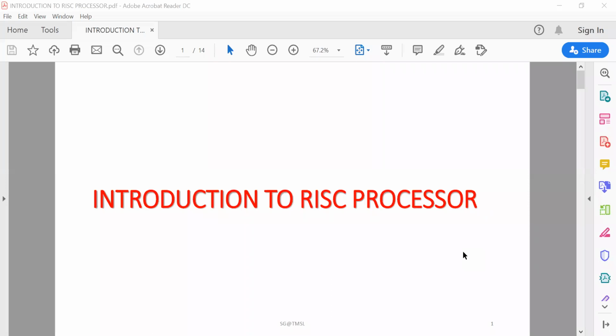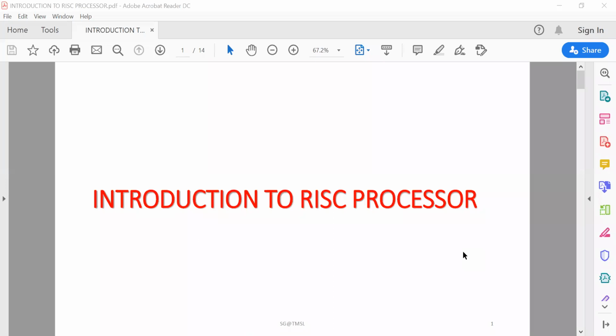CISC means complex instruction set computer, and RISC is the reduced instruction set computer.